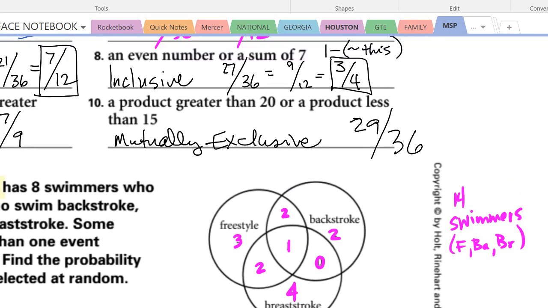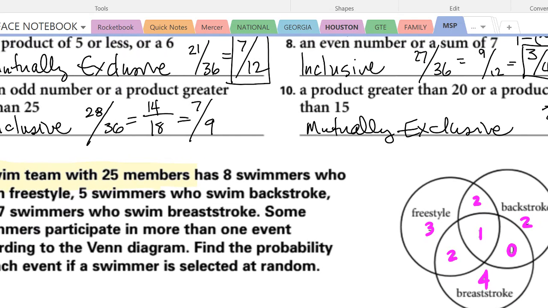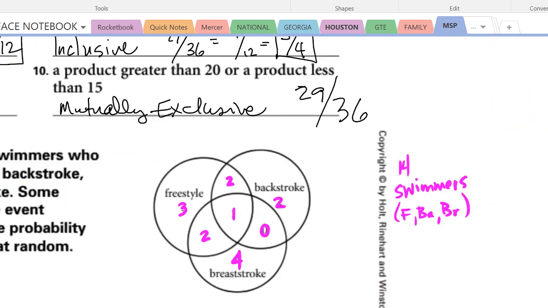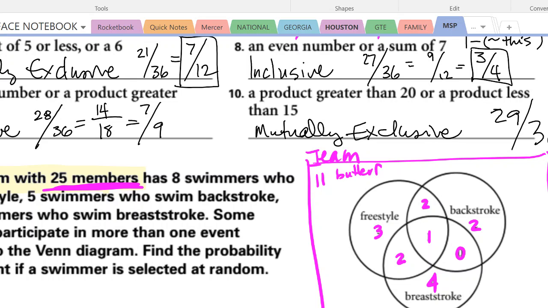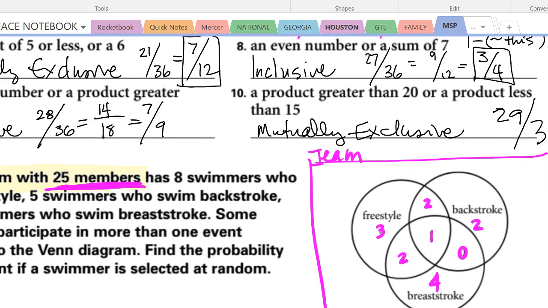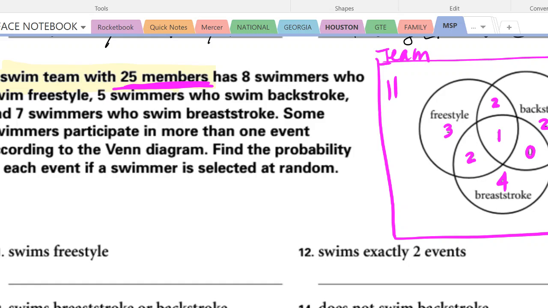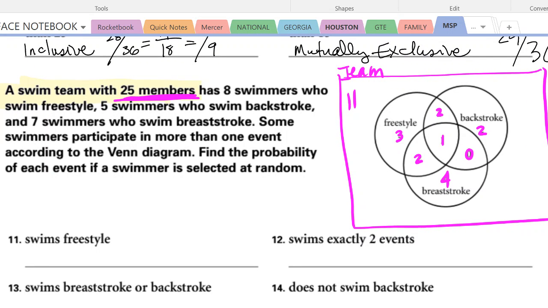If you look though, there are 25 members on the team, which means that if this box represents the entire team, you've only got 14 swimmers listed. There are 11 who don't swim those 3. I don't know, maybe 11 who do the butterfly, or maybe there are 11 who don't get to compete. But just remember there are 11 out here, so that there are 25 all day.